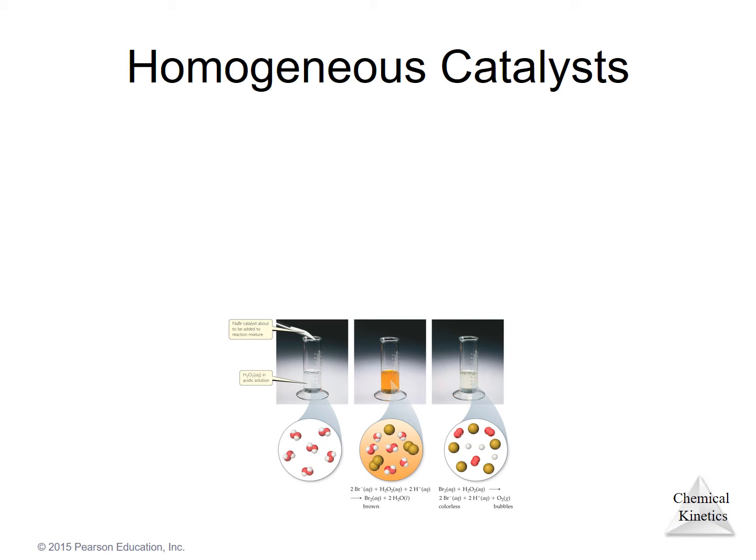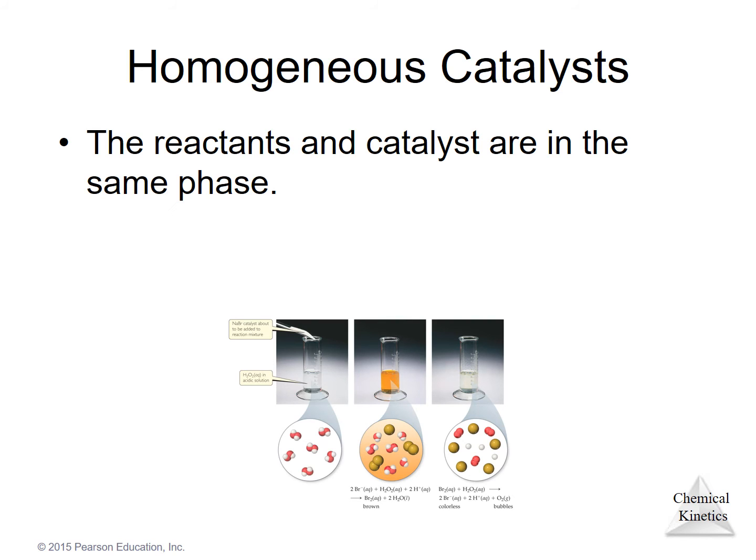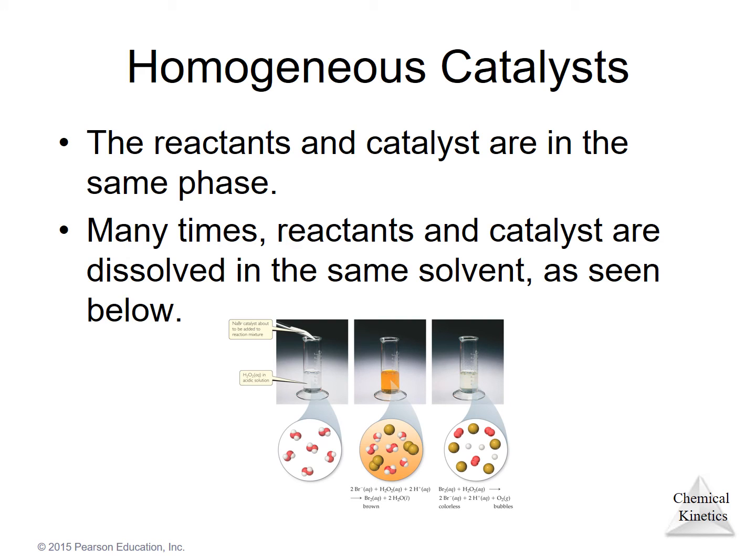And the concentration of those catalysts can influence the reaction as well as the concentrations of the reactants. Ordinarily, the greater the concentration of the catalyst, the faster the reaction. The important thing about homogeneous catalysts is that the reactants and the catalyst are in the same phase, and ordinarily they're dissolved in the same solvent.